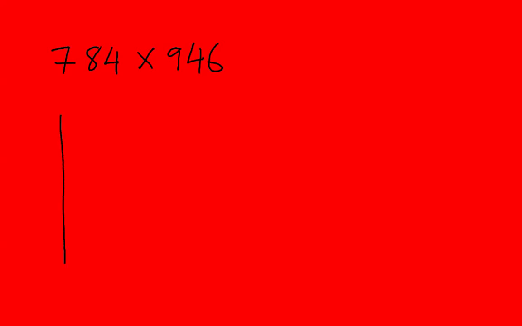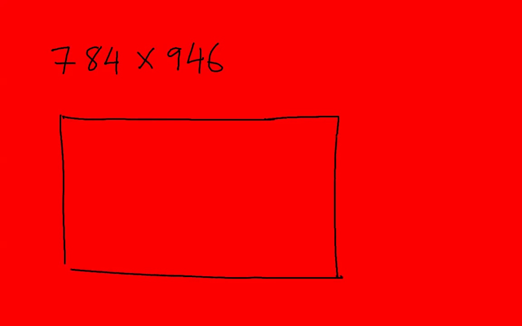So I'll have a rectangle like this. Now on one side of my rectangle, I'll have my 784. And on the other side of my rectangle, I'll have my 946. And I'm going to partition them. So I'll do that. I have 4 rectangles.